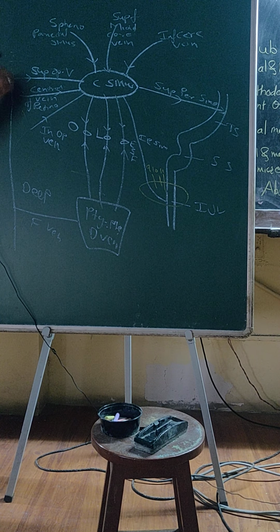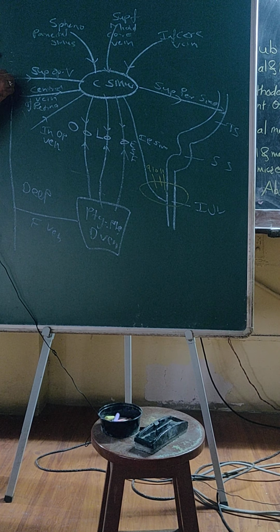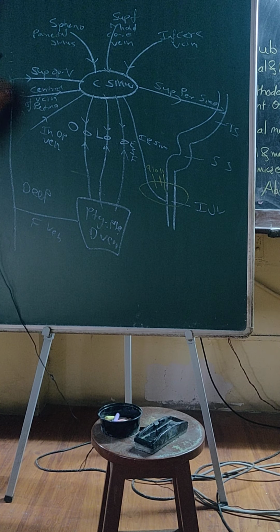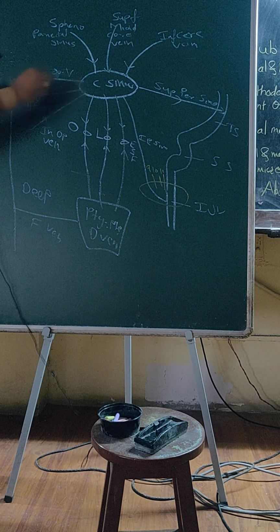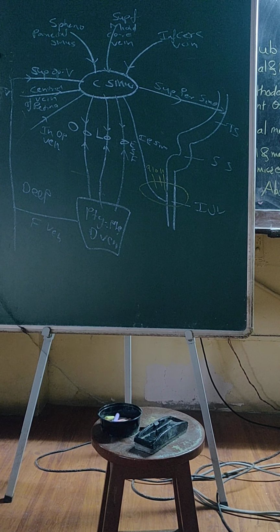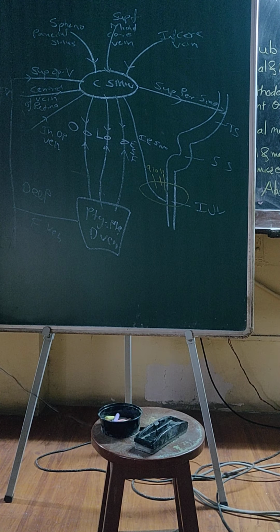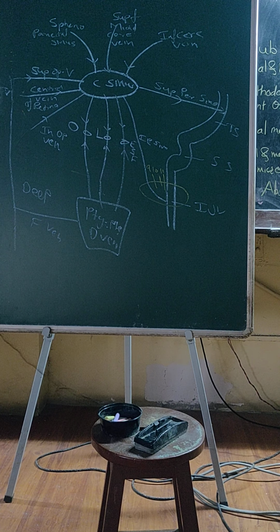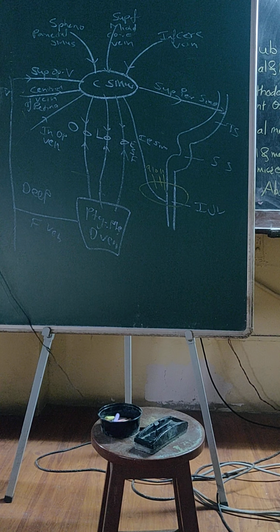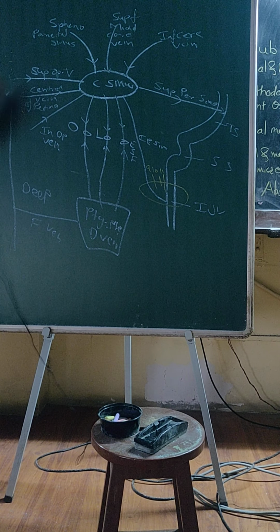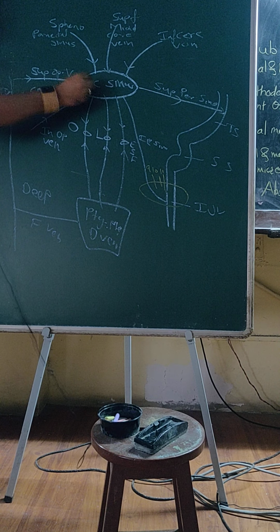So how is the facial vein connected to the cavernous sinus? There are 2 ways by which the infection can pass. One is infection from the dangerous area of face can pass via facial vein, superior ophthalmic vein, cavernous sinus.